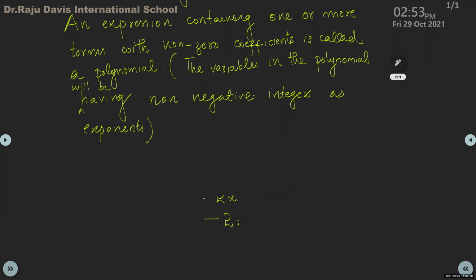And one more thing: it should not come like this also, 1 by x, 2 into 1 by x, or 2 by x plus 3x square. This is not a polynomial, because 1 by x is x raised to minus 1. So the variable should not come as a denominator, and there should not be any negative number as the exponent.